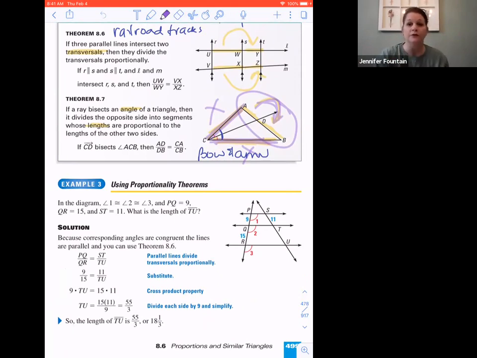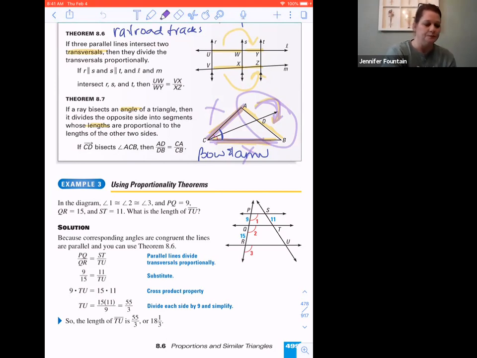If you can see it better horizontally, you can redraw it in a horizontal pattern, or I've even taken the whole book and turned it sideways. It depends on which way you can see it better. But if you're comfortable going between the two, that is fantastic.